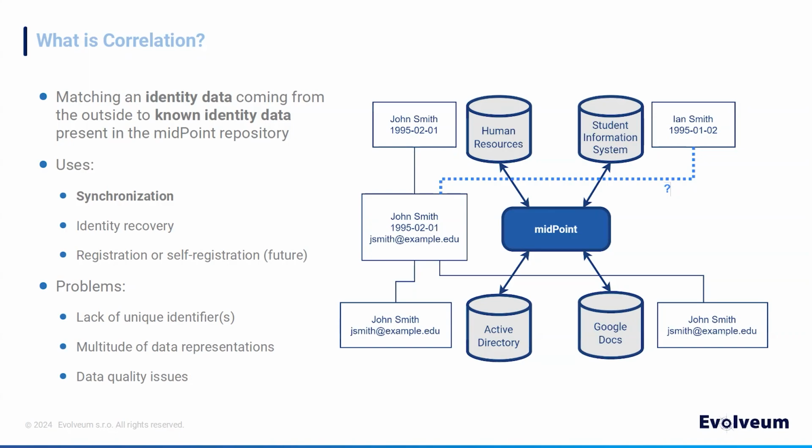Now, why is correlation often a very tough problem? In an ideal world, the identity data would contain at least one identifier that could be used to match the records. Unfortunately, in real life, this is often not so. First of all, the privacy laws restrict the use of national-wide IDs like social security numbers or birth numbers.